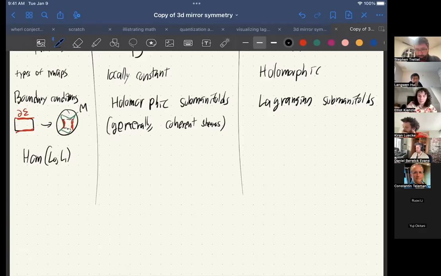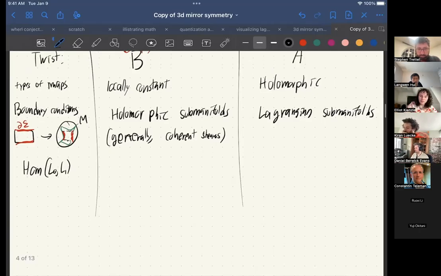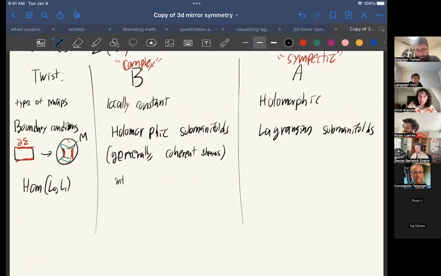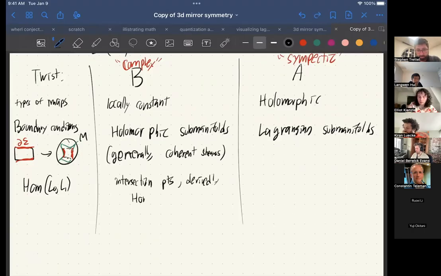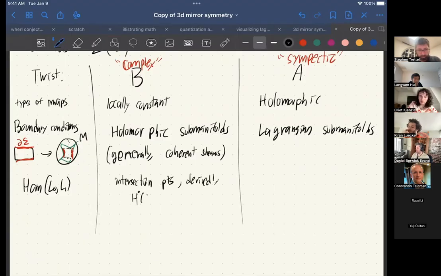In the B side case, this homology is going to be intersection points considered derivedly, which, if you think of these as coherent sheaves, ends up being the homology of the two sheaves with respect to one another. Whereas on the symplectic side, we get the span of the intersection points, but where we're dividing out by the differential, which counts holomorphic maps.